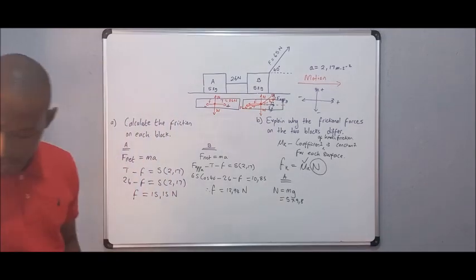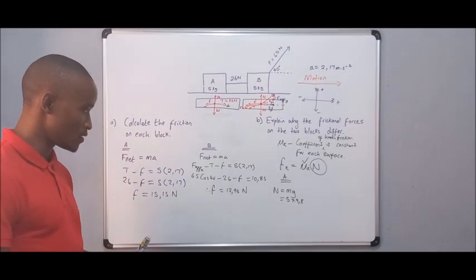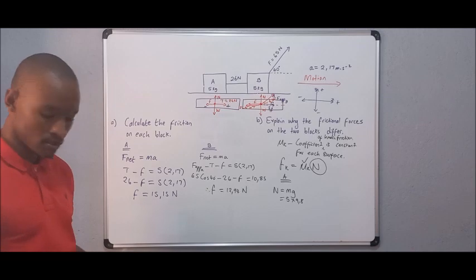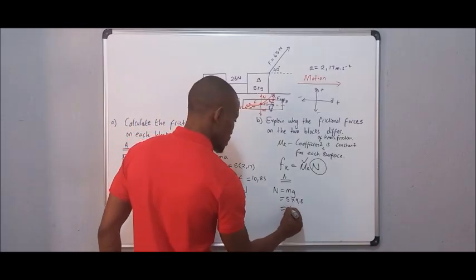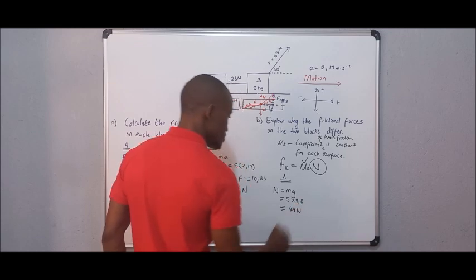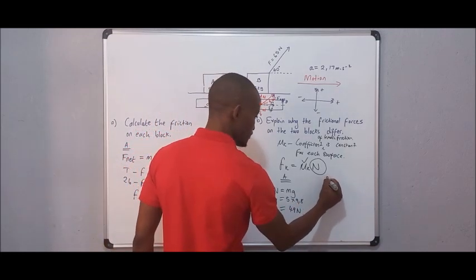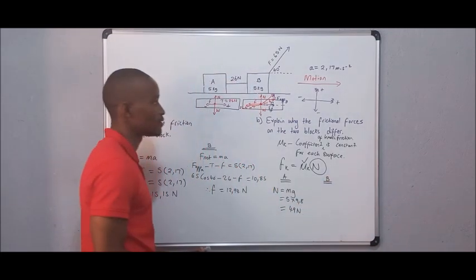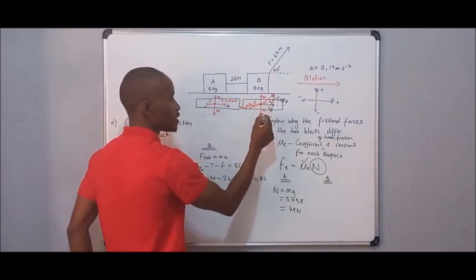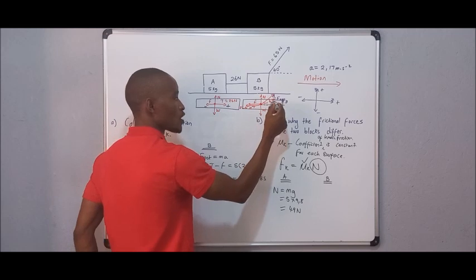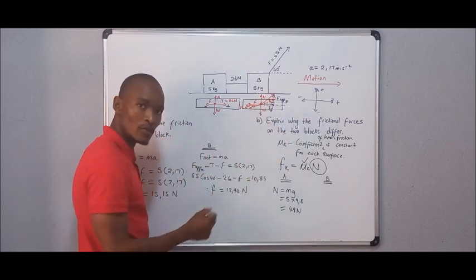Let's press the buttons. 5 times 9.8 is 49. So this will be 49 newtons for block A. For block B, let's be careful here. The normal force cannot be equal to the weight because there's a y component here that will reduce the normal force.